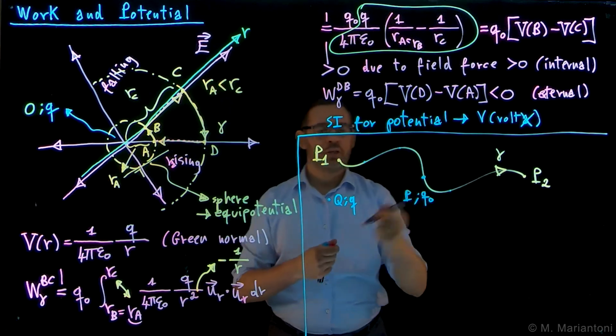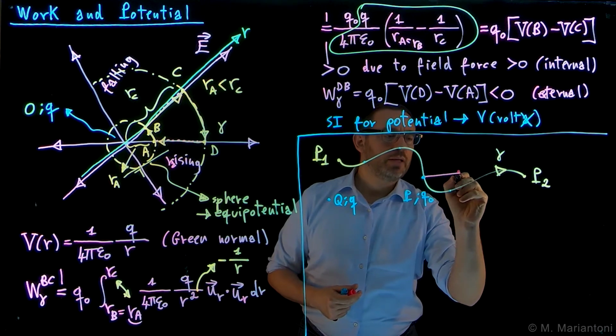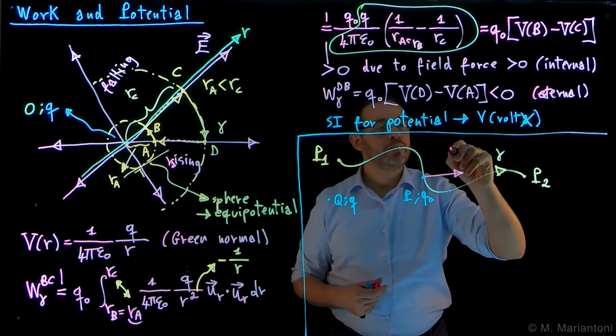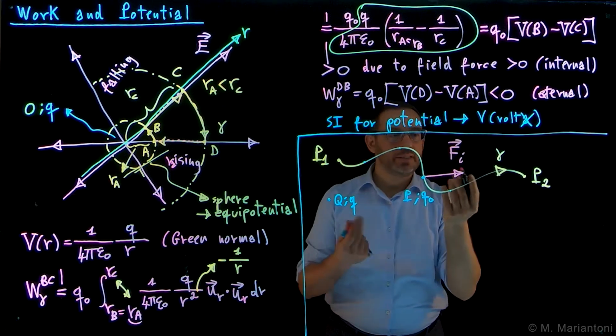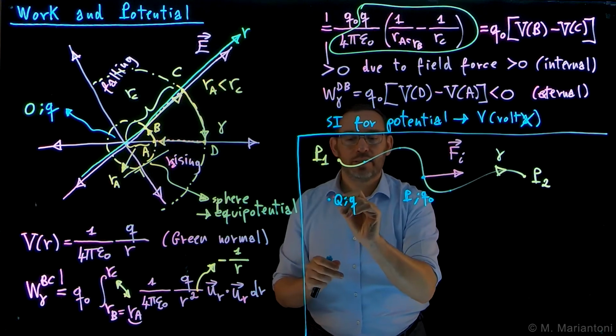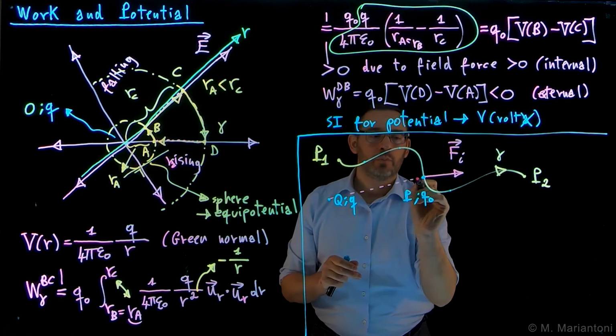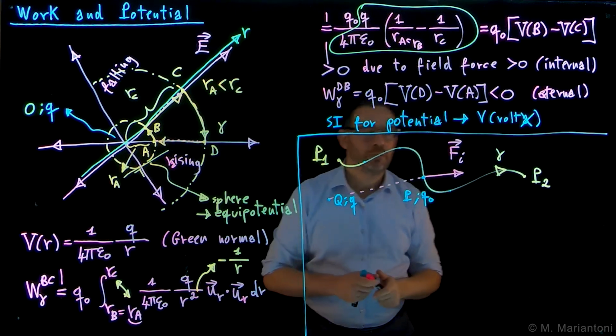From Coulomb's law, we know that there will be a force, if this is all positive, a force F, this is the force F_i of the internal force. This is the force due to my source charge, which goes in this direction according to Coulomb's law. So this is the force on Q naught at that point capital P.